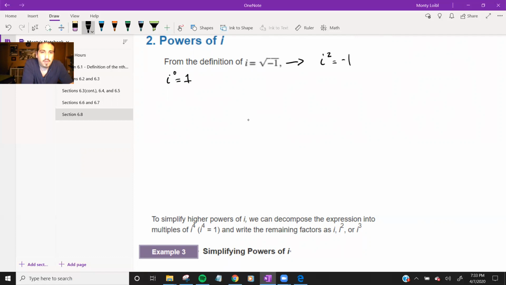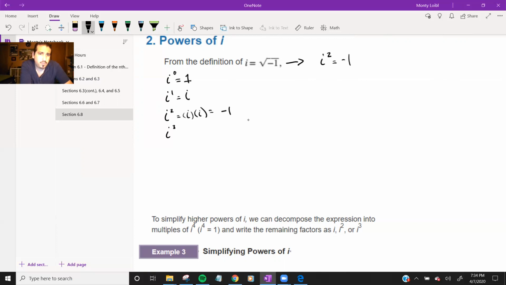Good, thank you. Yeah, so i to the 0 power is 1. That really didn't help us a whole lot, but let's go i to the first power. Well, i to the first power is i. Now, going up here, i squared, which again is i times i. Well, that is now negative 1, right? Just by our definition of what i is.